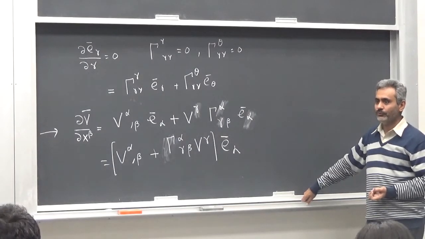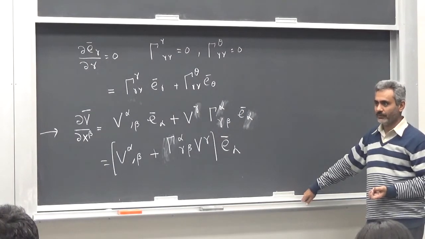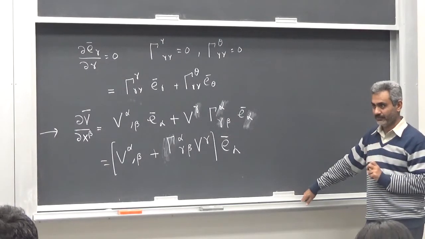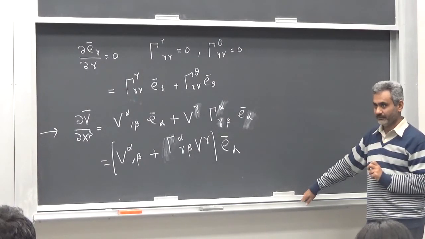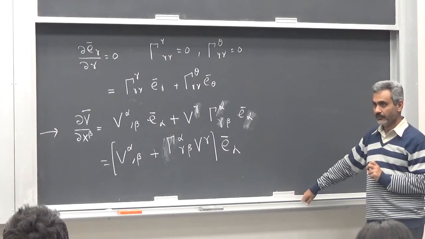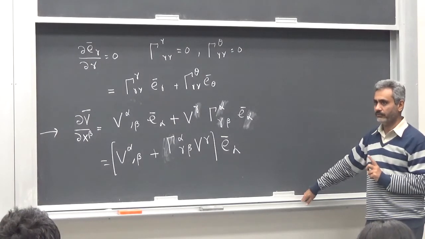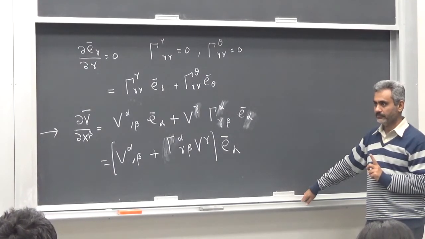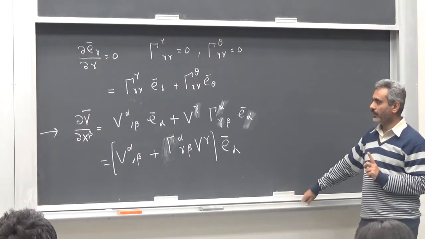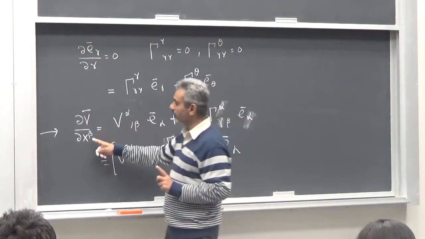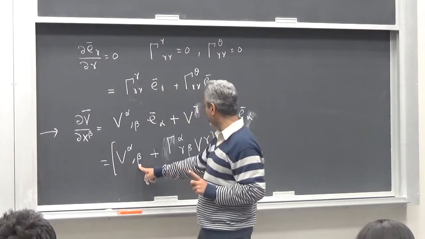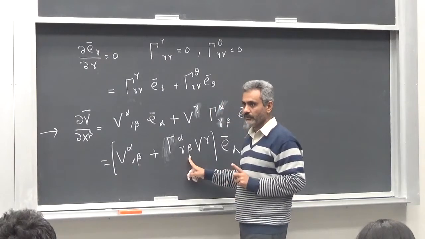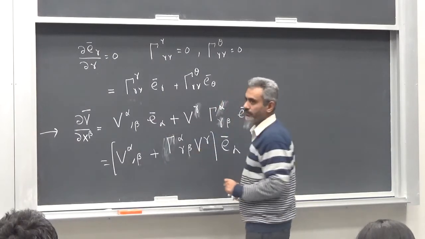And what do I have to do to show that these are the components of a 1-1 tensor? It doesn't look like a 1-1 tensor because if beta takes a concrete value, for that case we only have alpha. For that case, we know that these are the components of a vector. अगर मैं यहाँ पर partial V by partial R कर दूँ, यहाँ R आ जाएगा, यहाँ R आ जाएगा. These will be the components of a vector.